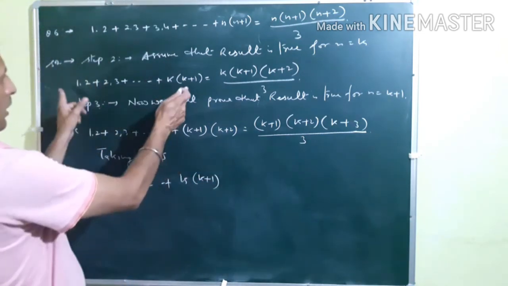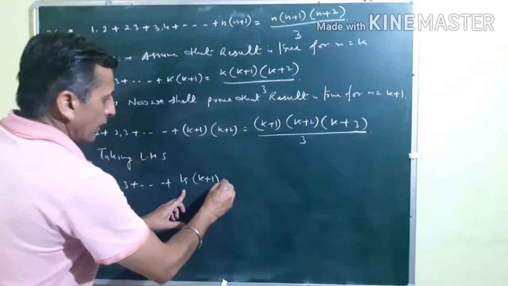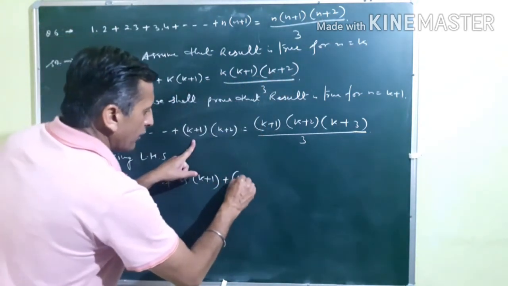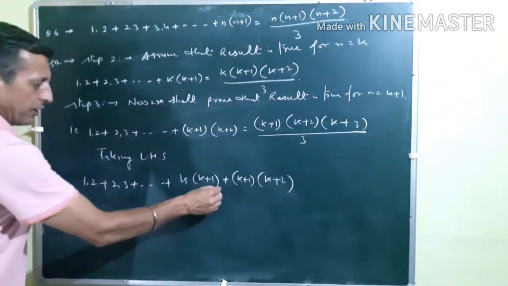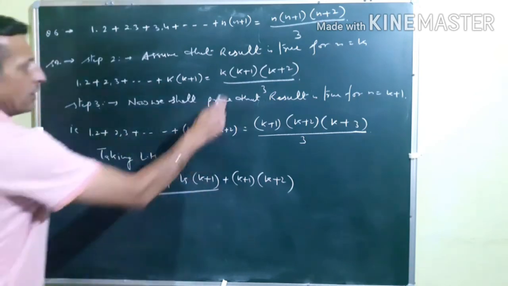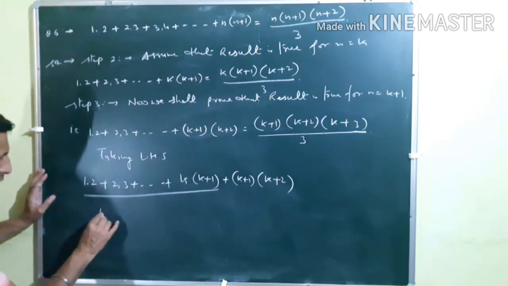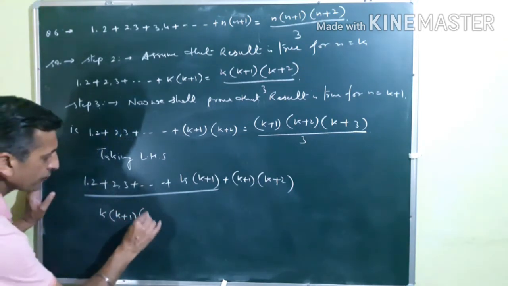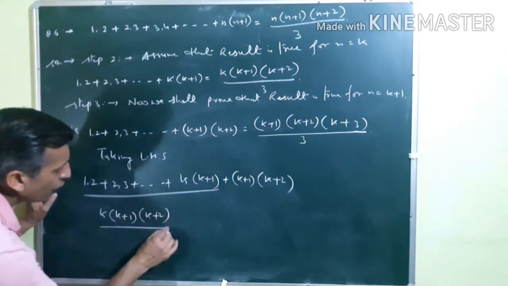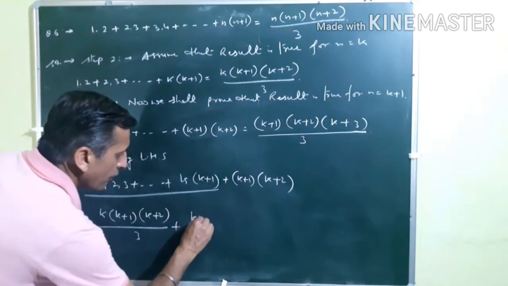Up to here we know the sum is equal to this, so plus the last term, k plus 1 into k plus 2. Up to here you know the sum of the terms, so I am going to use step number 2: k into k plus 1 into k plus 2 whole upon 3 plus k plus 1 into k plus 2.